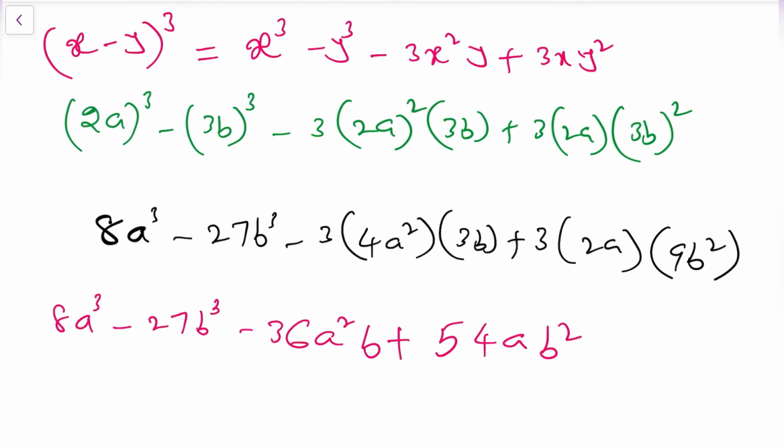Next, let us check the third question. The third question is (minus 2a plus 5b minus 3c) whole square. So in this case I am not going to use separate formulas. I am going to use only one formula, that is (a plus b plus c) whole square.